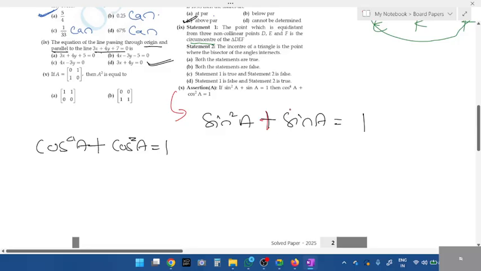Sine is equal to cos. Then cos 4A is equal to 1. Okay, there are two ways to do this. If you convert, you get 1. Sin A is equal to 1 plus sin A plus 1.